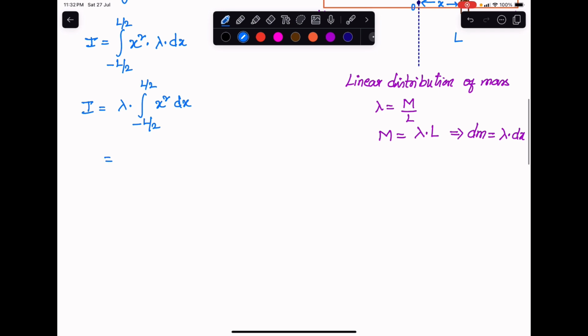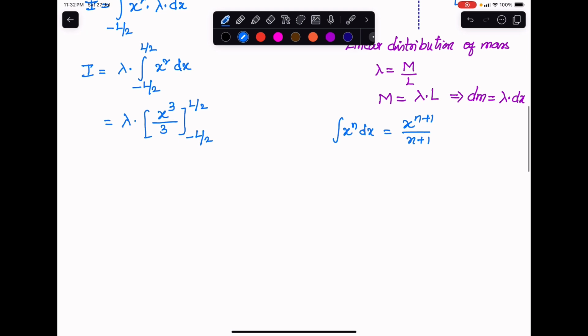Integral x square dx is similar to integral x to the power n dx, which is given by x to the power n plus 1 by n plus 1. So lambda into x to the power n plus 1, that is 3, by n plus 1, that is again 3, and this is varying from minus L by 2 to plus L by 2.